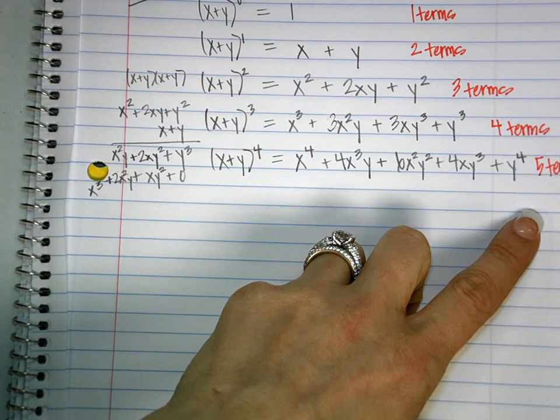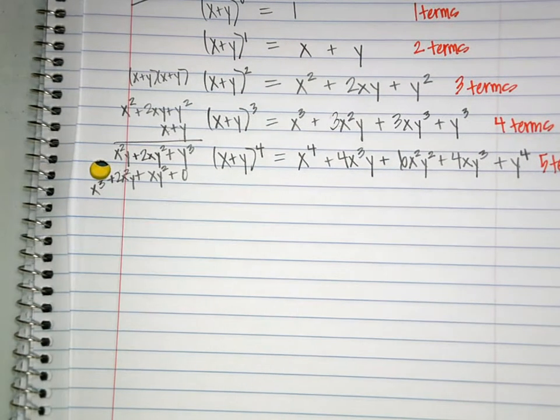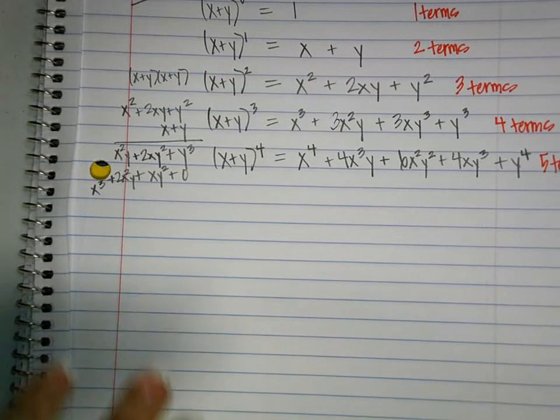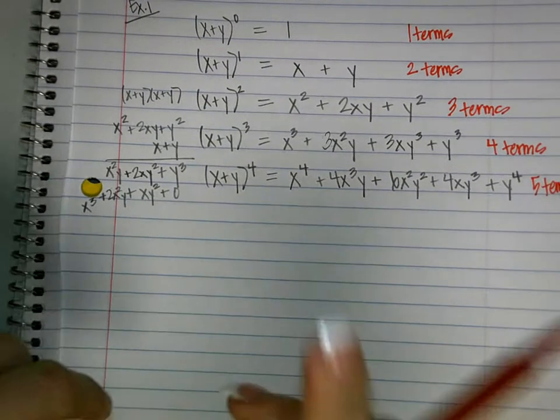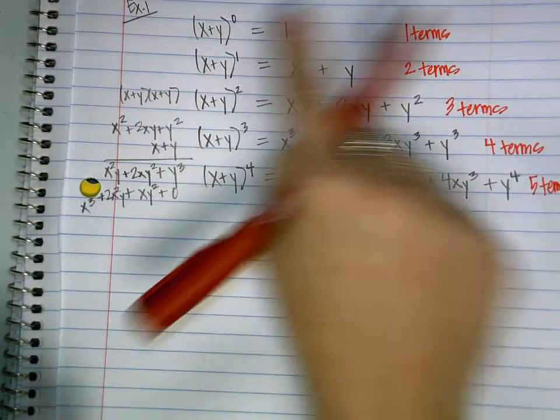Do you think anything can be deduced? Can you make any kind of rule that correlates the exponent number and the number of terms?